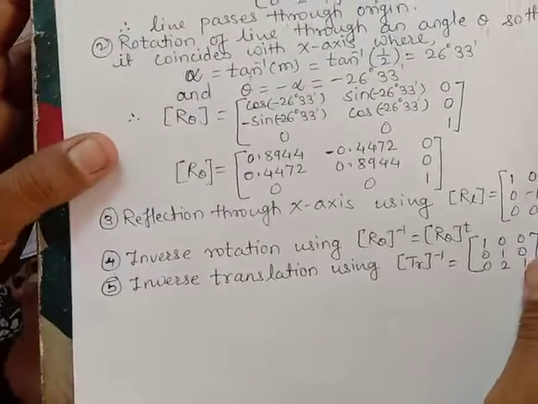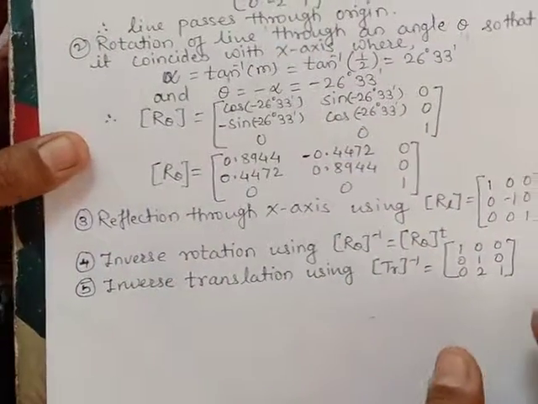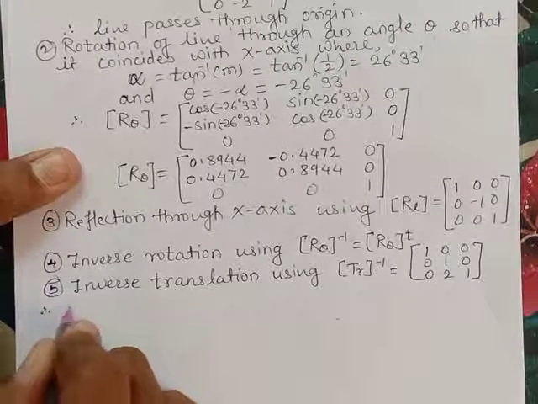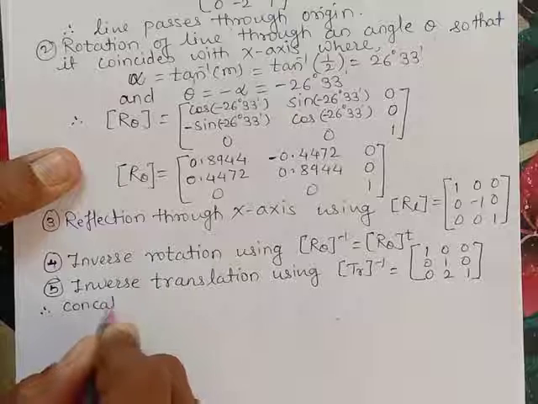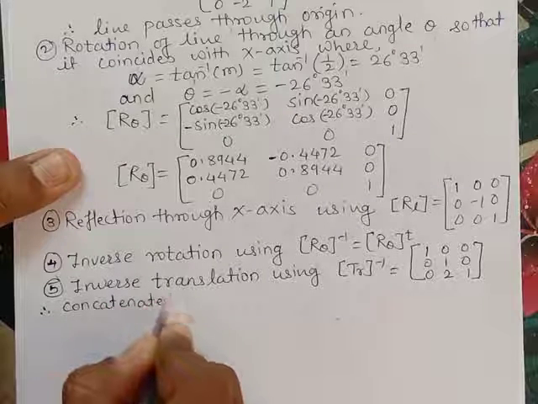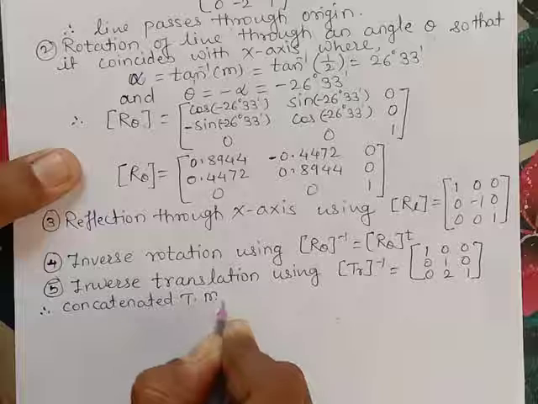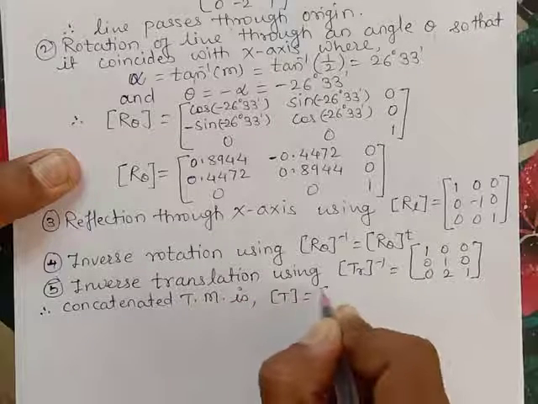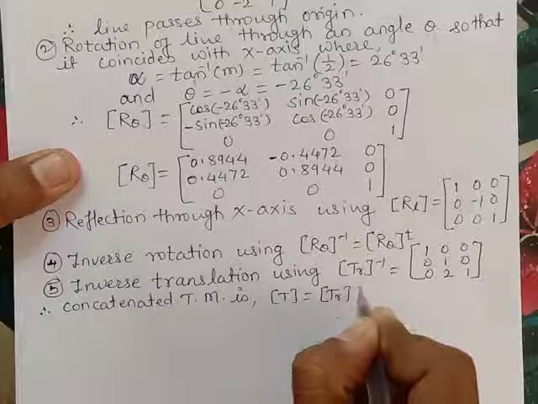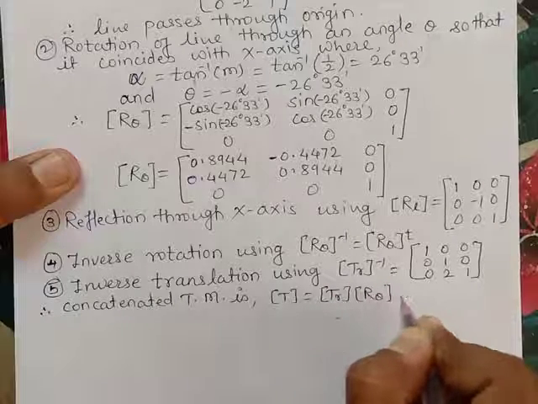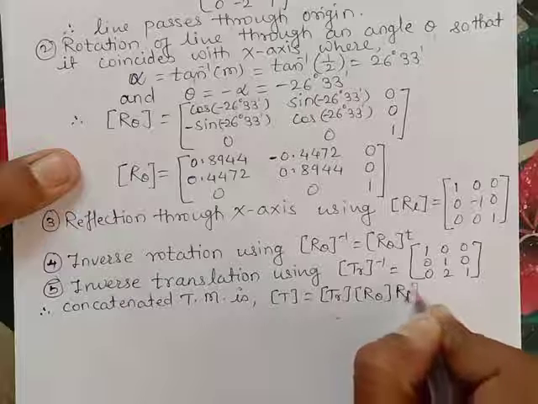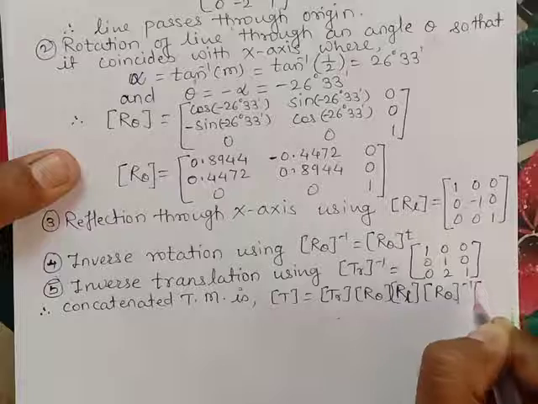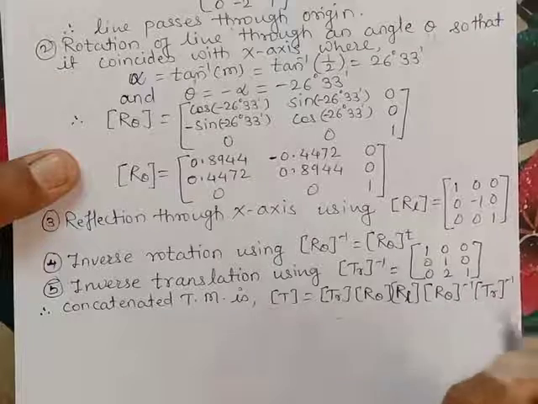Now all these 5 matrices we will take together for getting the concatenated transformation matrix. Therefore the concatenated transformation matrix is T. That T will be translation into rotation into reflection into inverse rotation into inverse translation.